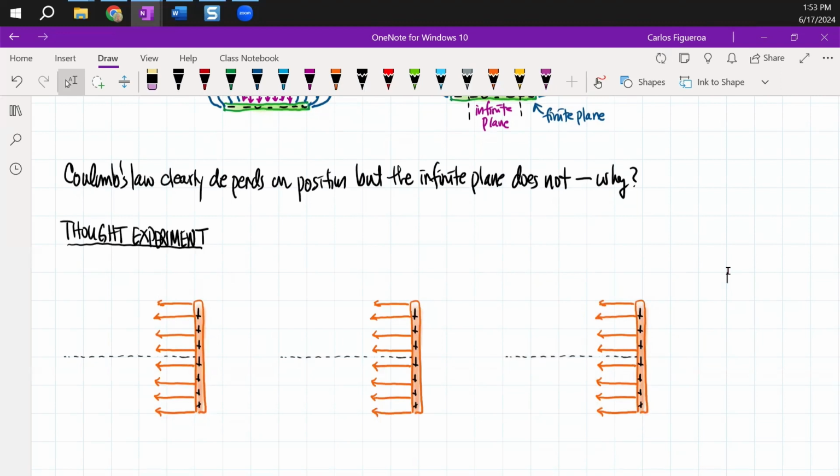So now in this thought experiment, you're very close to the finite plane, and you start moving away.